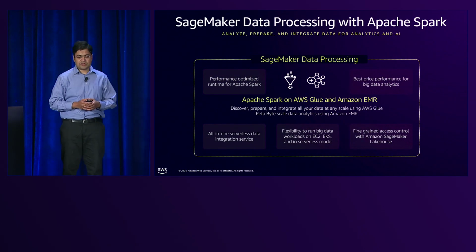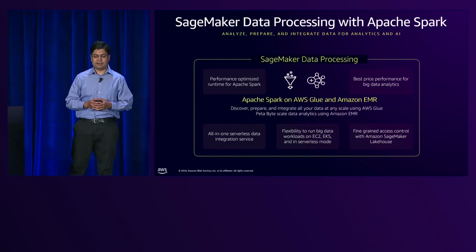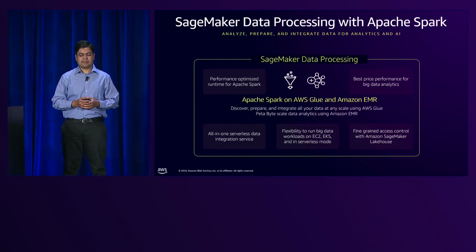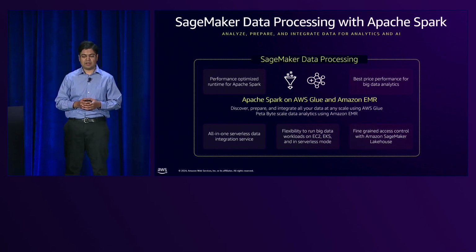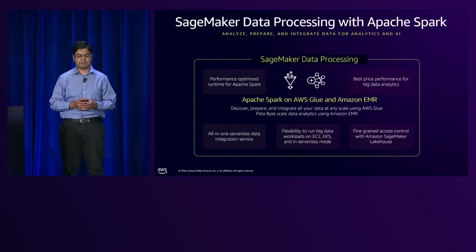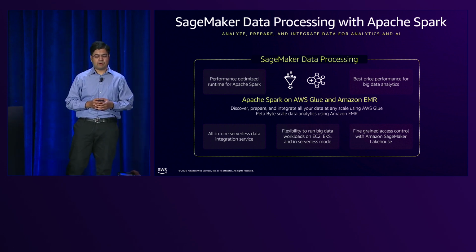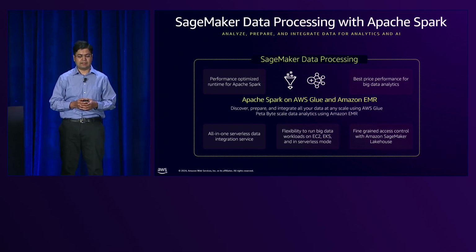Let me quickly start with the introduction of SageMaker data processing with Apache Spark. Like SageMaker Studio provides a unified studio experience across different services, SageMaker data processing allows customers to get a unified experience with a performance-optimized Apache Spark runtime that powers both AWS Glue and Amazon EMR. AWS Glue provides customers with a seamless experience to discover, prepare, and integrate data at any scale.